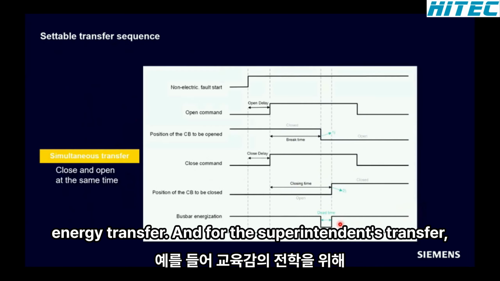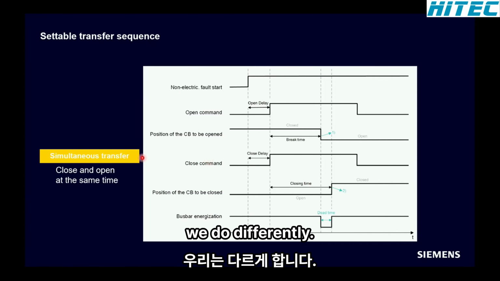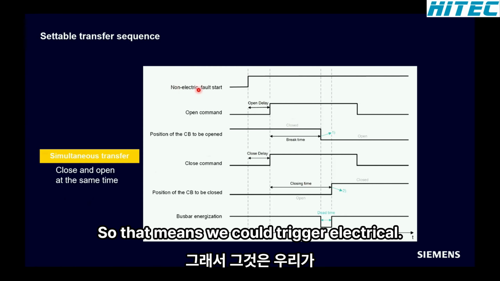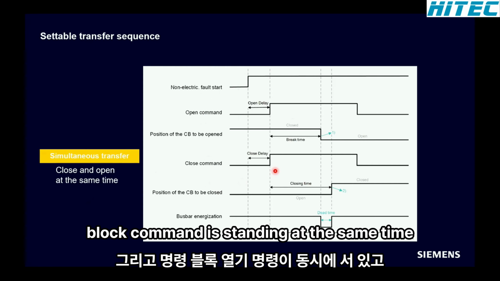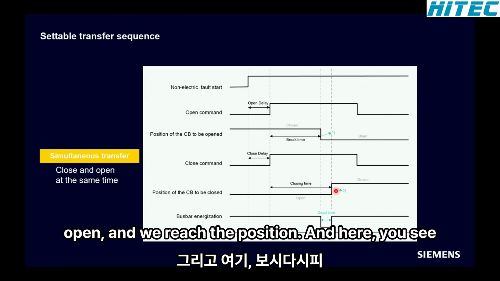And for the simultaneous transfer, for example, we do it differently. So that means close and open command are sent at the same time. And you see it here. So that means we are triggered by a non-electrical fault start, and the open command and the close command are sent at the same time. And we reach the position open and we reach the position close.